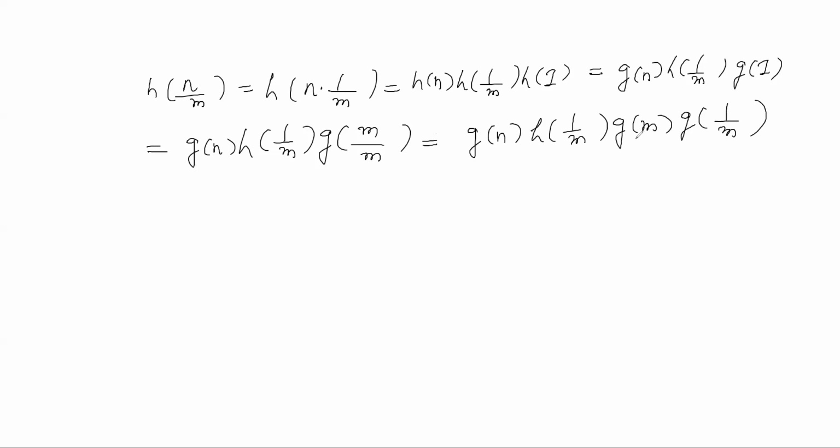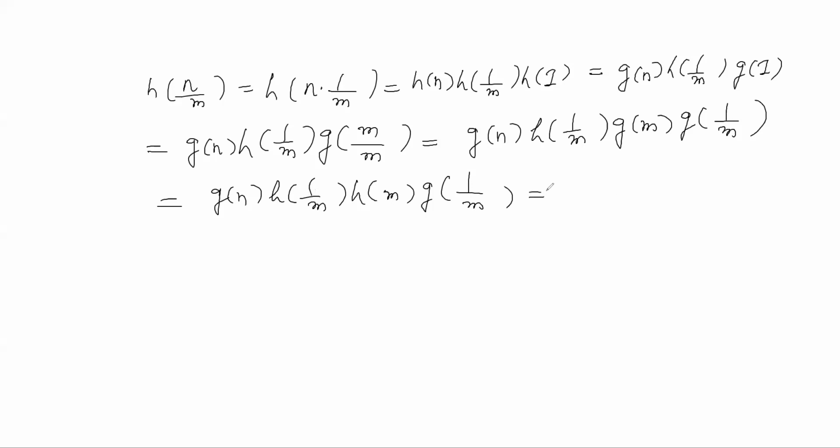Now G of m is the same as H of m, so this is G of n, H of 1 by m, H of m, and then G of 1 by m. Now you can bring H here, so H of m by m would be H of 1.